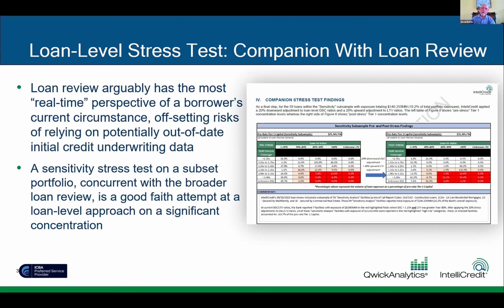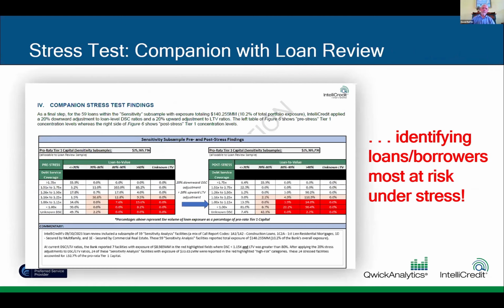But that's an extension of the original underwriting processes. The one thing we've also done that I think is critically important at the loan level stress testing, and you'll see this in the last slide I talk about, is that irrespective of all the theoretical aspects of what every stress test does, right?